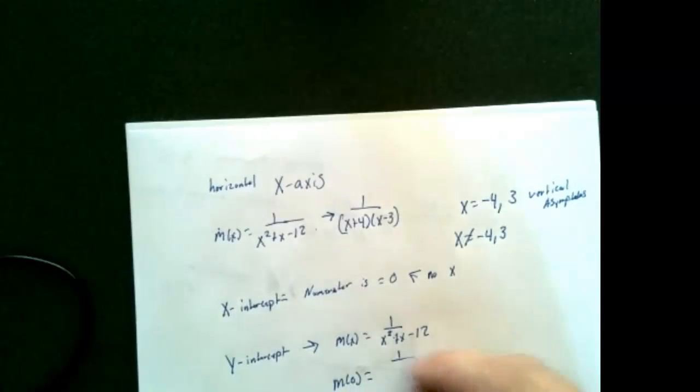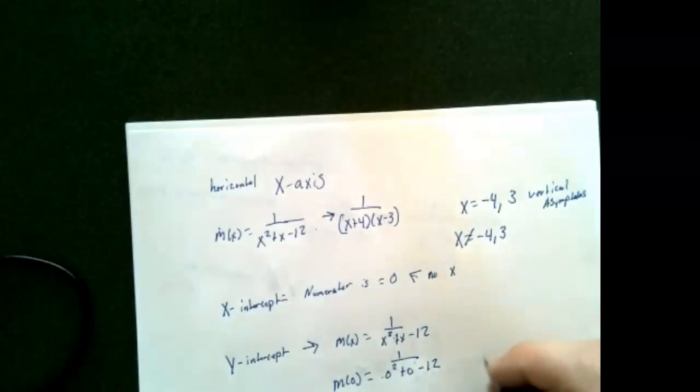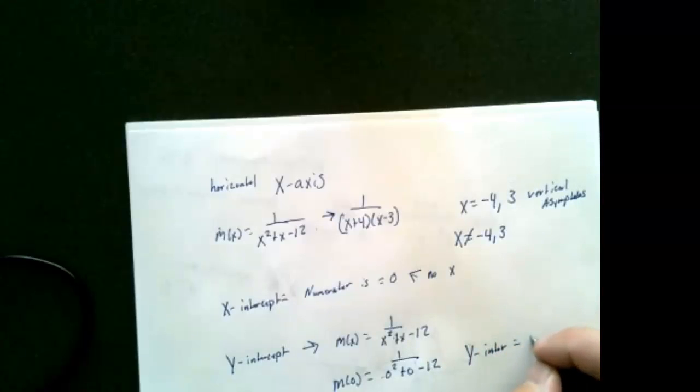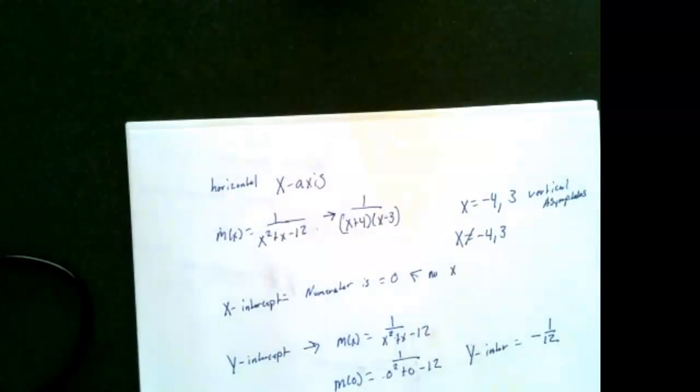So that's 1 over 0 squared plus 0 minus 12. 0 squared is going to be 0, plus 0 is still 0, so that's -12. Our y-intercept is at negative 1/12, because that's what we get when we plug in 0.